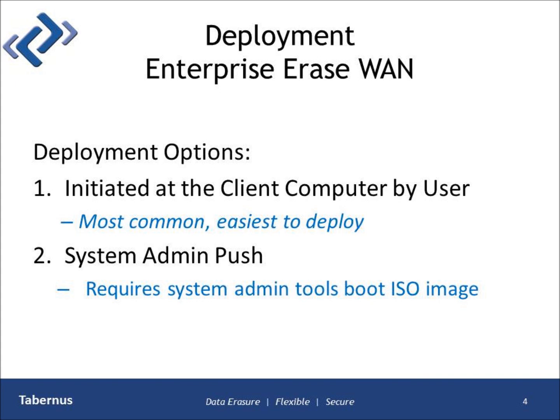Many system admins have tools to update software and security mechanisms through executable files, but we provide the system admin with an ISO image file. And with tools that system admins commonly have, they can target the computers that they want to erase on their network and push that ISO and boot that ISO. This works well for servers, desktops, and laptops. And this can be done a number of ways. It can be done on subnets, or it can be targeted in any fashion that the corporate tool box allows.